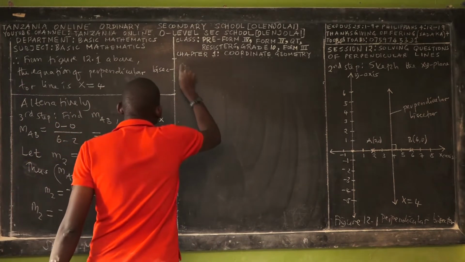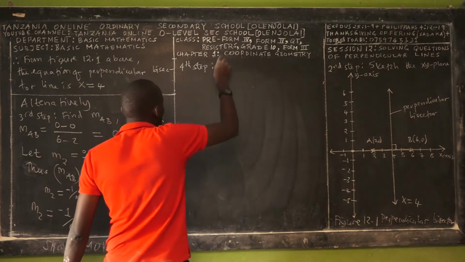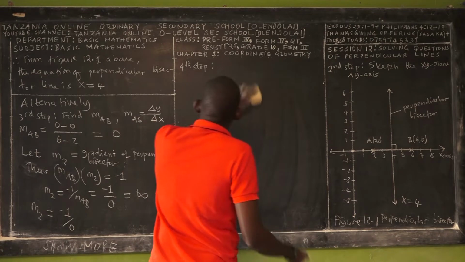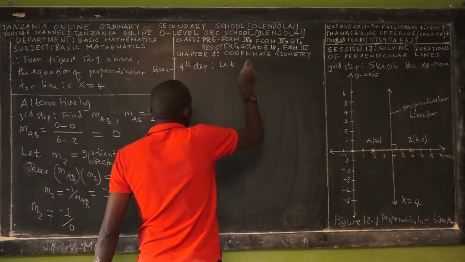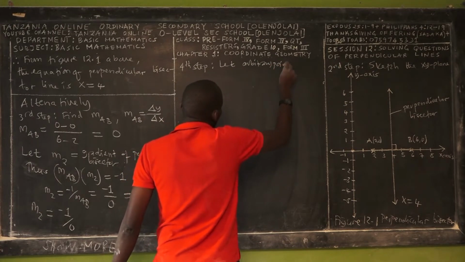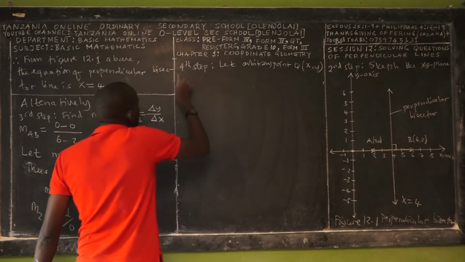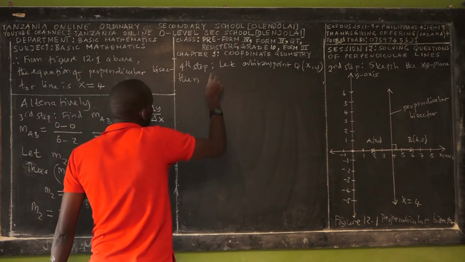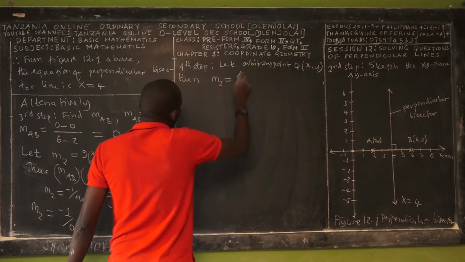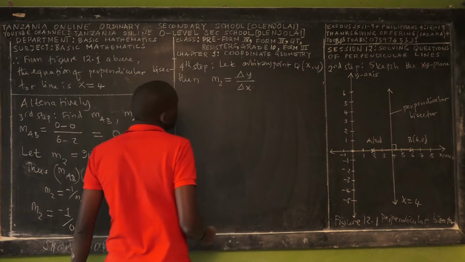So now we have to do the first step. We are asked to find the equation. So we say let an arbitrary point be x comma y. Then slope m2 is equal to change in y over change in x.